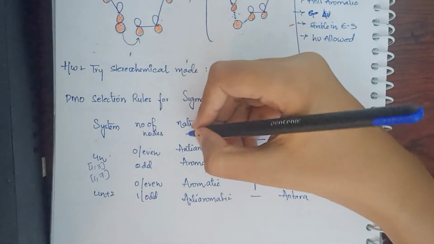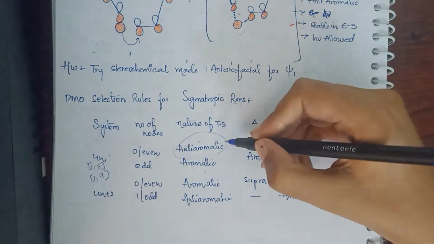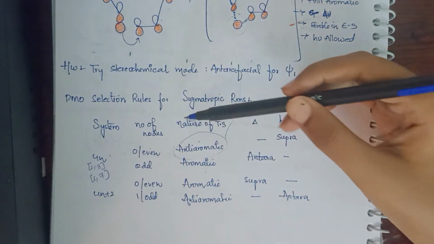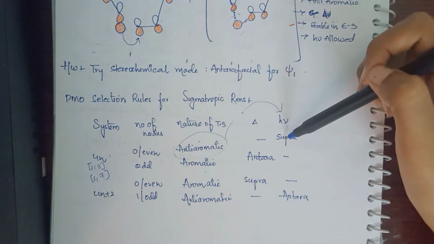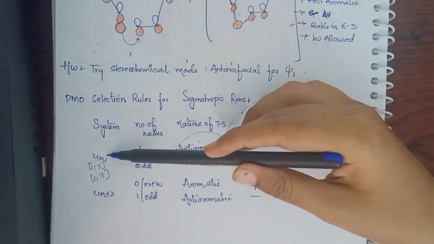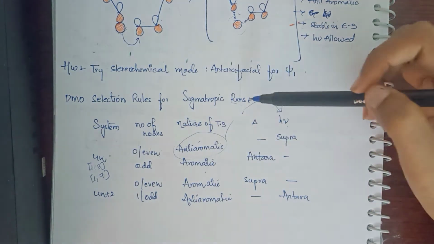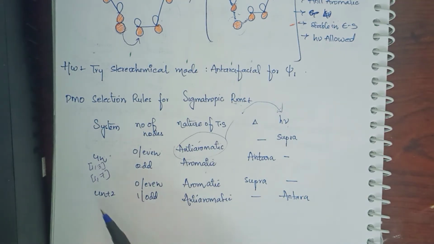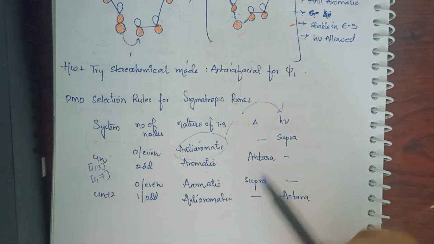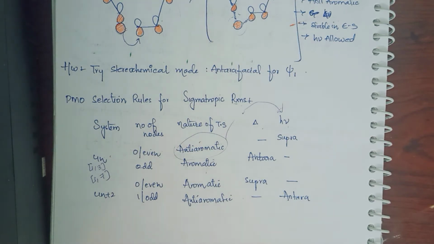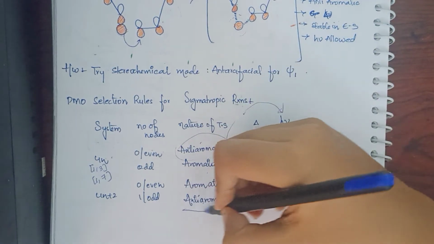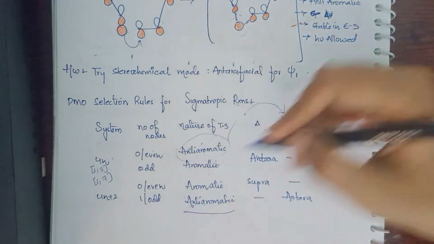We have discussed many times that anti-aromatic means the product is obtained under photochemical conditions, and aromatic means thermal conditions. So a 4n system with an anti-aromatic transition state shows supra under photochemical conditions. 4n with an aromatic transition state shows antara under thermal conditions. Similarly, a 4n plus 2 system with an aromatic transition state will show supra under thermal conditions, and 4n plus 2 with an anti-aromatic transition state will show antara, meaning photochemical conditions.